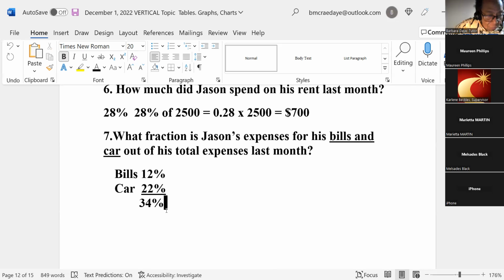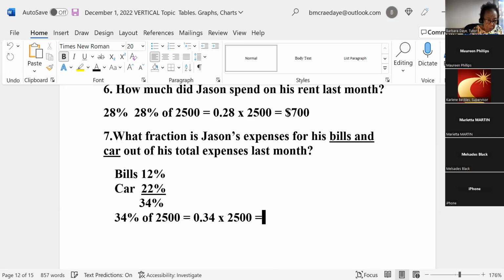And then multiply it by 2,500. That's it. Okay, so then you take the 34% of the 2,500, just like you've done the others, and multiply that out.